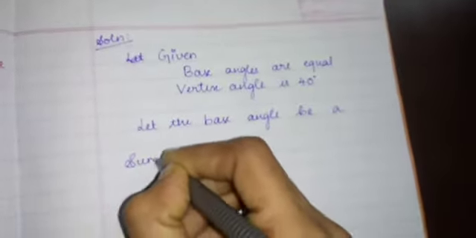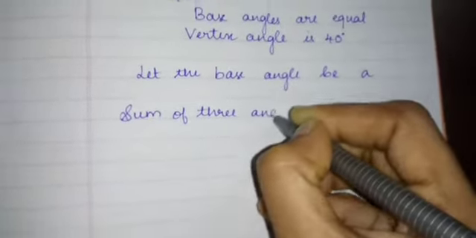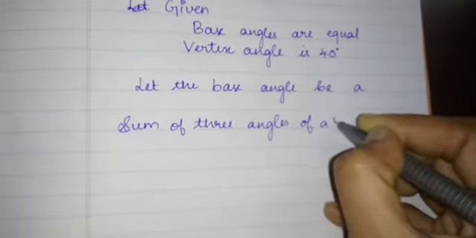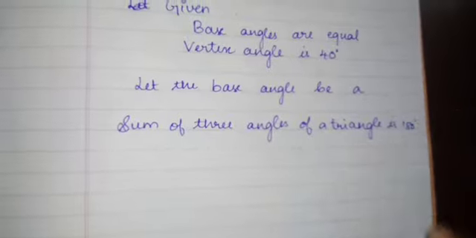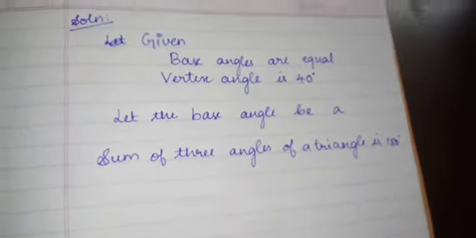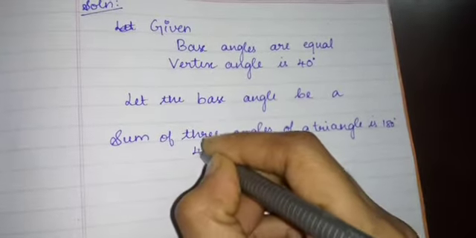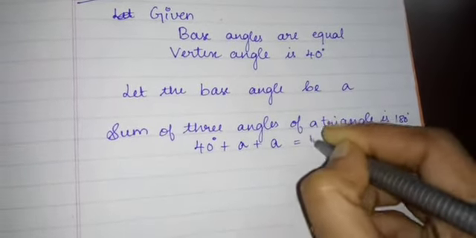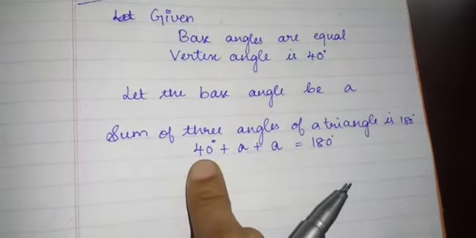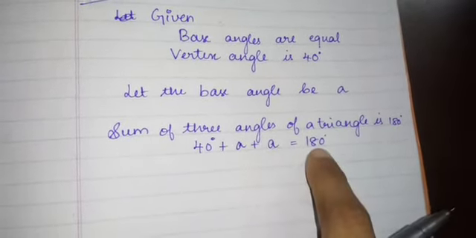So what is the formula? Sum of three angles of a triangle is 180. Sum of three angles of a triangle is what, children? 180 degrees. So I am going to add all the three angles. First is your vertex angle plus one base angle plus another base angle is equal to 180. 40 is the vertex angle, this is one base angle, this is another base angle, equal to 180.